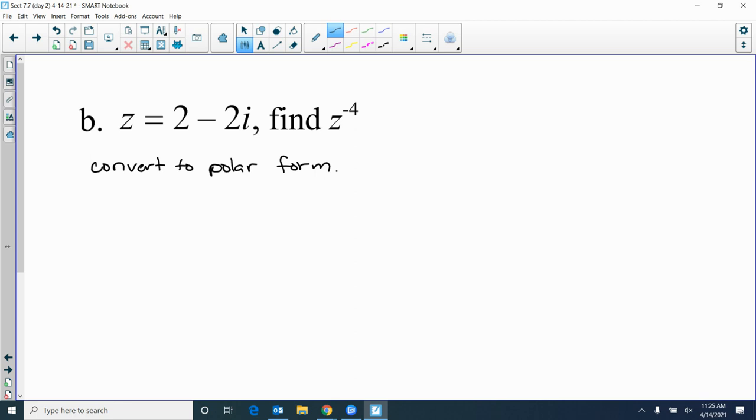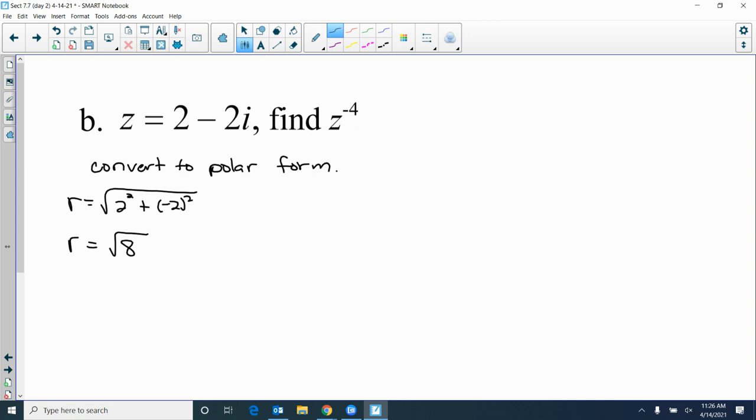Now that's from yesterday, so see what you remember from yesterday. Your r is going to equal the square root of 2 squared plus negative 2 squared. So it's square root of 8. I'm not going to reduce that at this point. I'm just going to leave it at square root of 8.